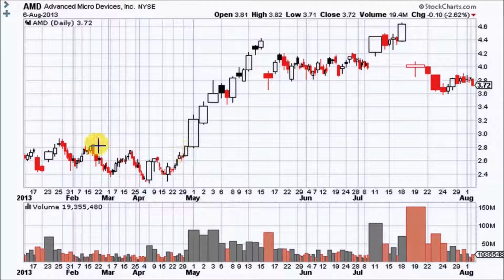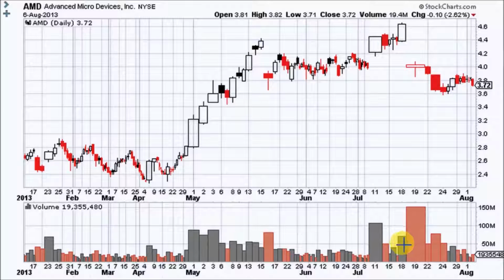Huge volume on the breakout of resistance. Okay, big volume at the top. Volume falls off on this symmetrical triangle chart pattern as it finishes forming, and then boom, the big volume comes in and it breaks out above all this resistance right here. Okay, and it ends up breaking this resistance right here on this day with pretty good volume.